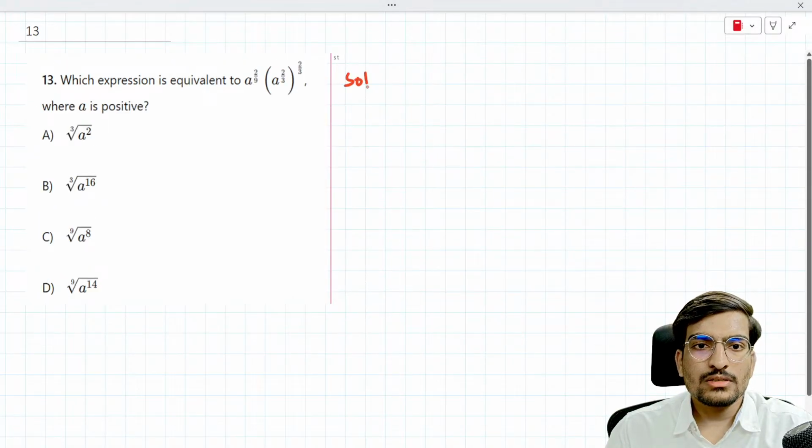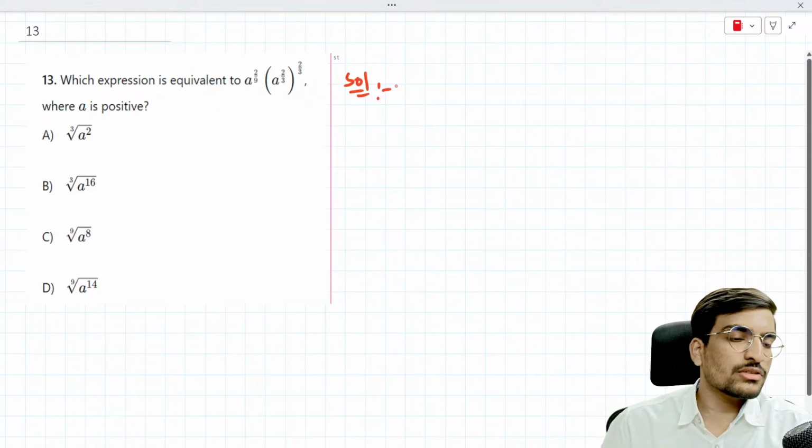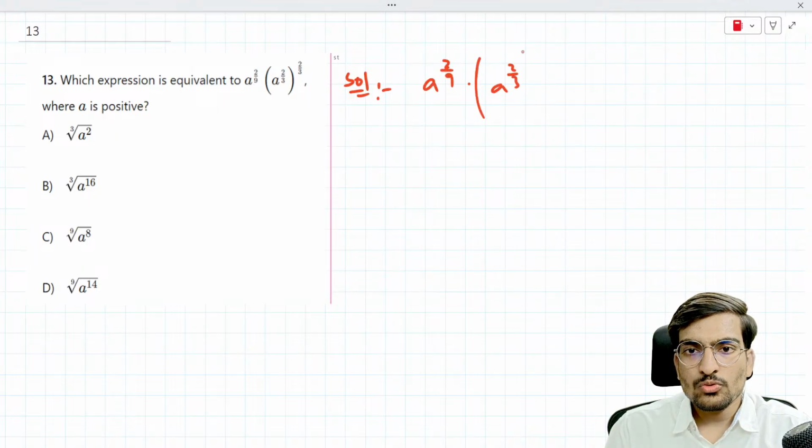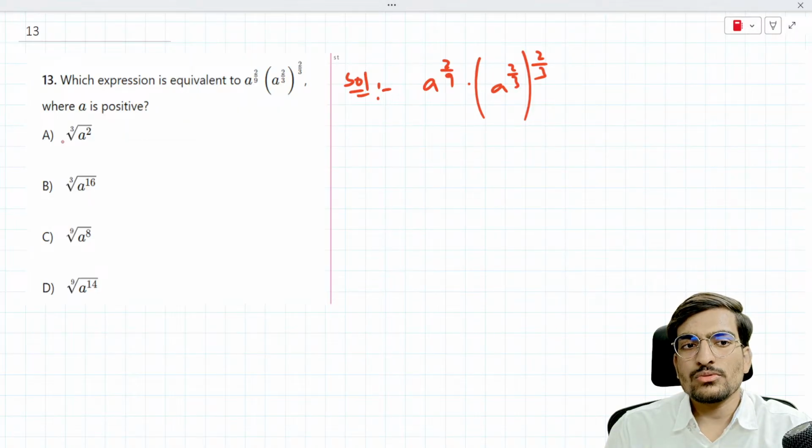Now question 13. Which expression is equivalent to a raised to the power of 2 by 9 times a raised to the power of 2 by 3 whole raised to the power of 2 by 3, where a is positive.